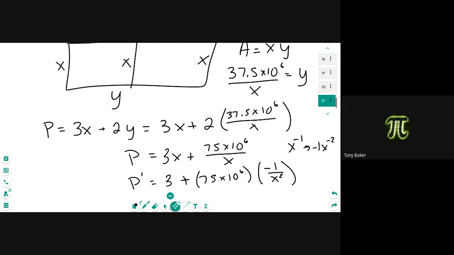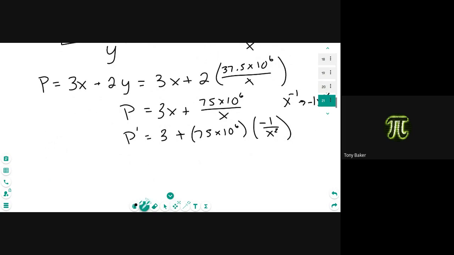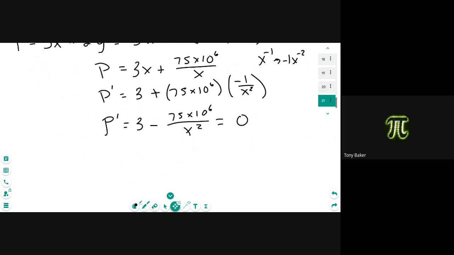So we end up getting 3 minus 75 times 10 to the 6th over x squared, and then we set that equal to 0. Find the critical numbers.